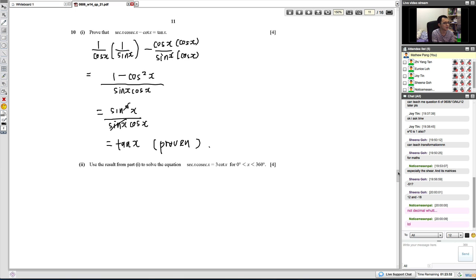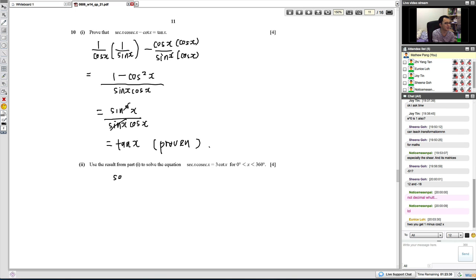Alright, so use the result from part 1. Okay, so we're going to solve this one. From the result of part 1, I roughly know how to use it, because this is minus cotangent, right? Oh, it's easy.